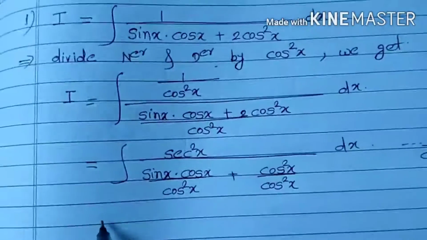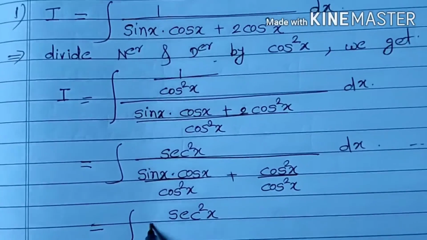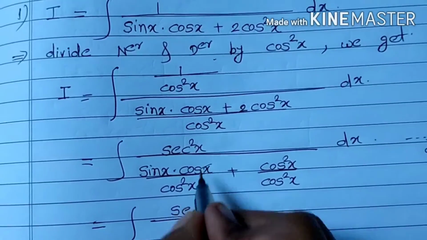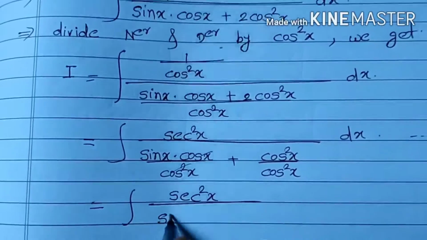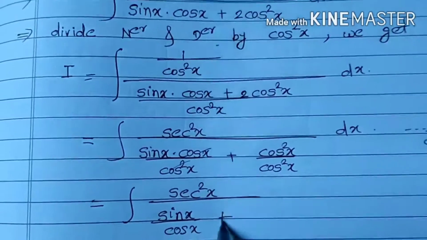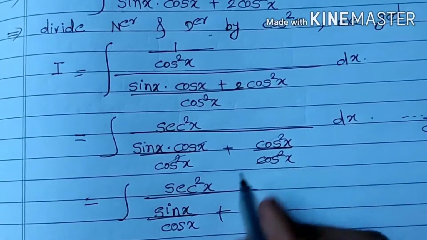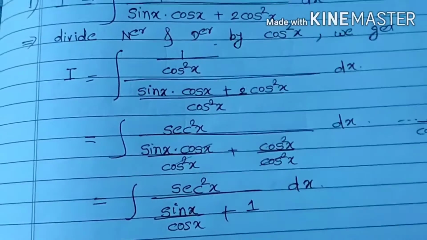Now next, sec square x as it is. From here, one cos x gets cancelled, so only sin x upon cos x remains. And here cos square x gets cancelled, so remaining is 1 into dx.